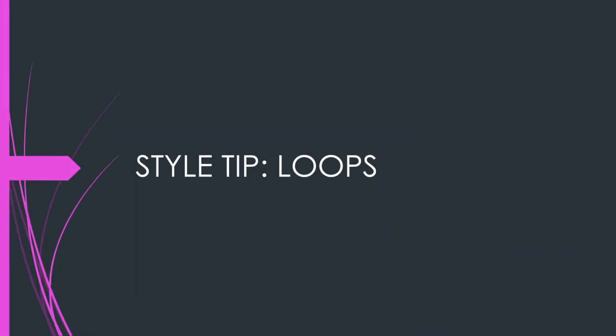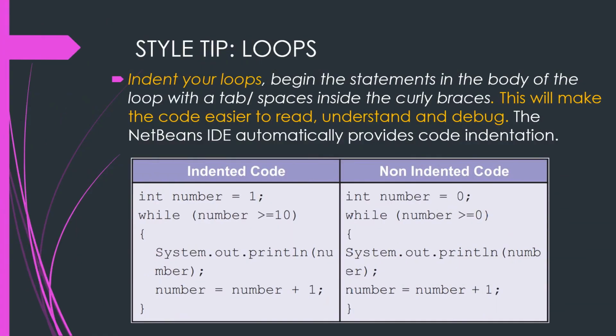Now let us move to our last topic of today, style tips for loops. First is indent your loops. Begin the statements in the body of the loop with a tab or spaces inside the curly braces. This will make the code easier to read, understand, and debug.